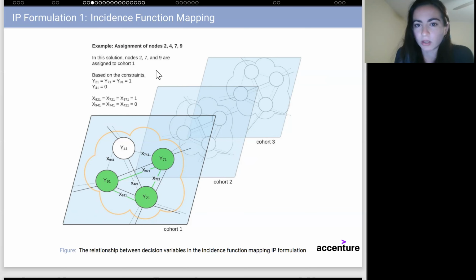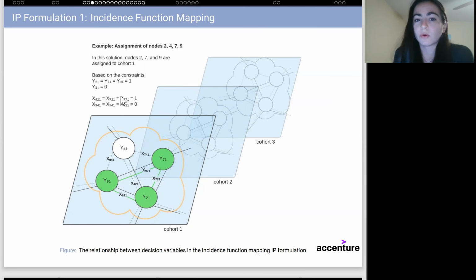So that's what kind of drove this style of a model. And we designed this so that we have a relationship between the nodes and the edges, and the constraints force those relationships. But this is a little illustration of how the model is designed.